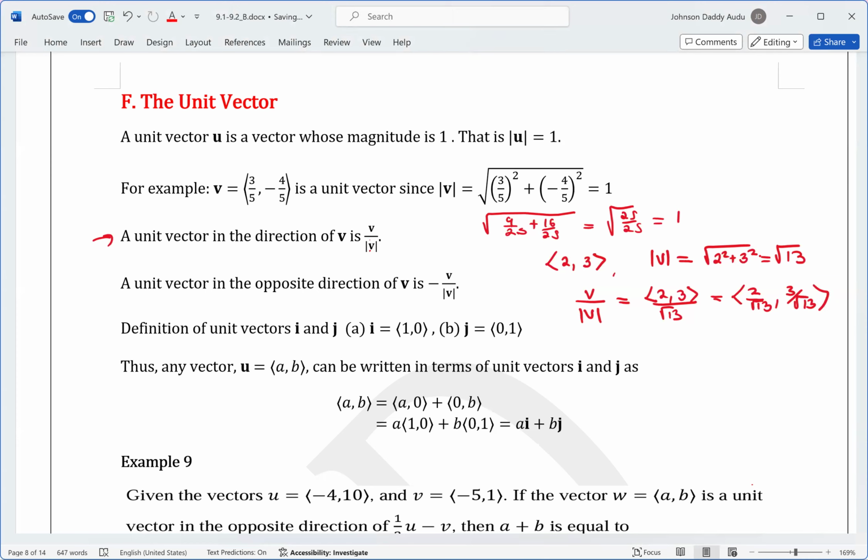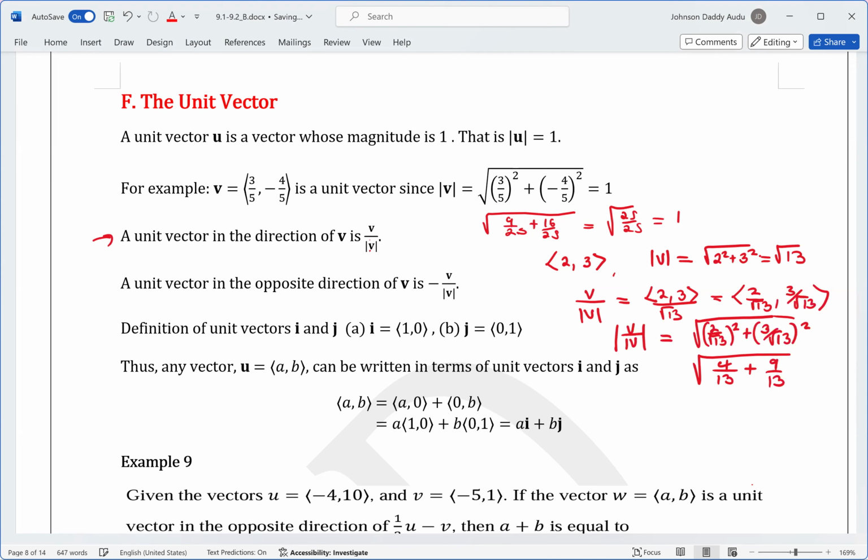And if you try to find the magnitude of this vector, we want to find the magnitude of v over this. This will be the square root of the square of 2 over root 13 plus the square of 3 over root of 13. Now, this is going to be 4/13 plus 9/13.